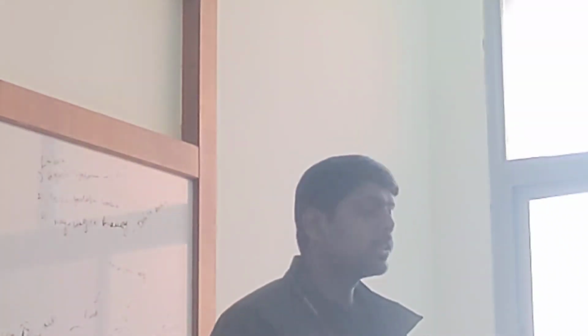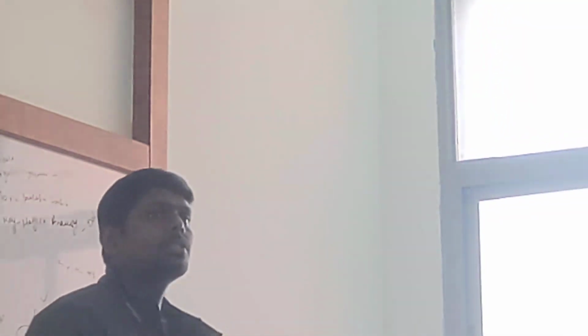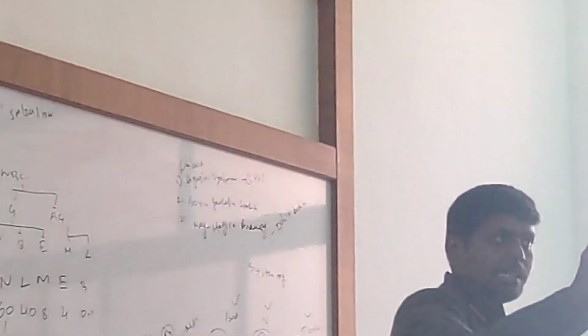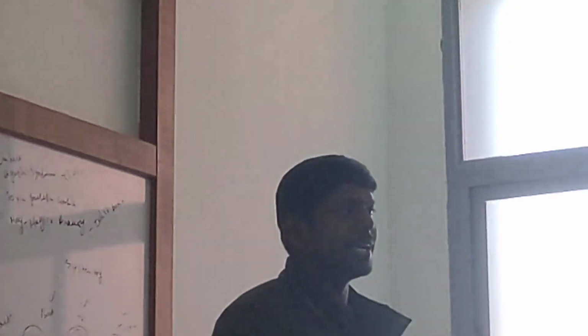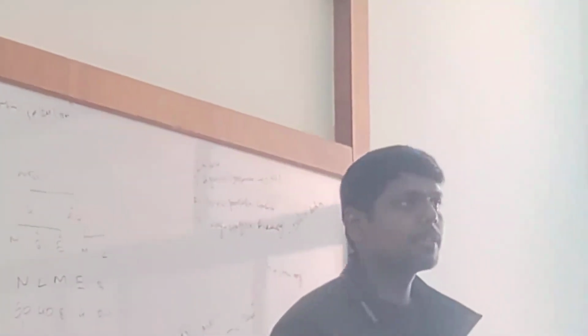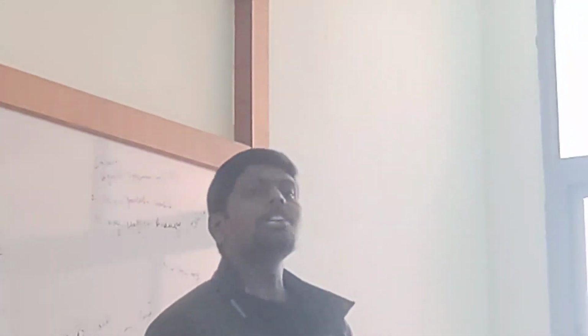CBC findings include severe thrombocytopenia, that means reduced platelet count, and the presence of giant platelets, which will be very large. These are characteristic features.